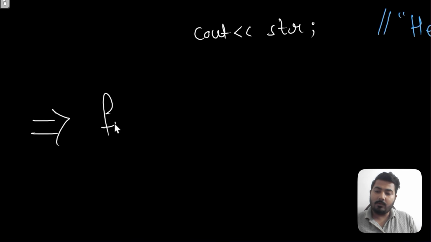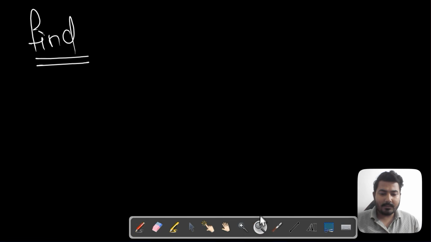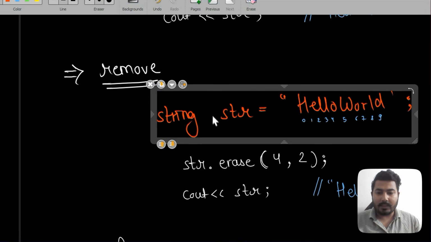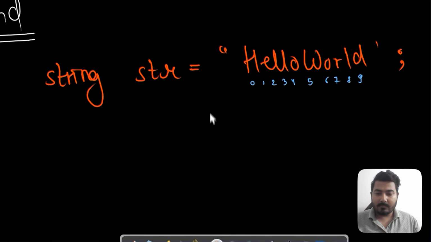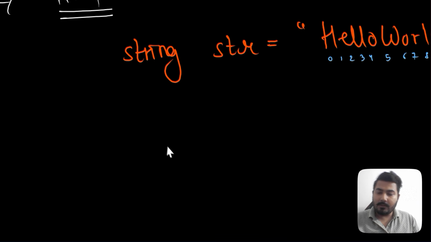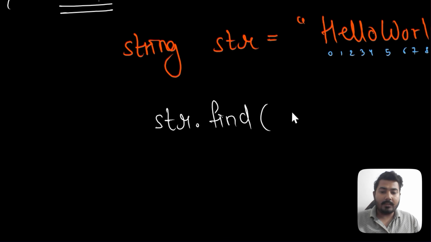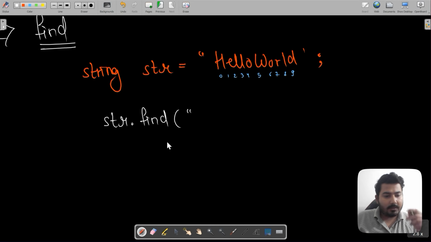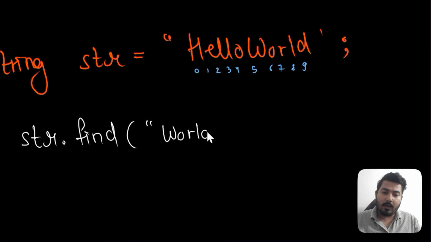Let's suppose you want to find something inside a string, how do you do that? Well, let me use the exact same example. If I use the inbuilt function str.find, it is going to accept a string, what exactly you are looking for. Let's suppose I am looking for WORLD.